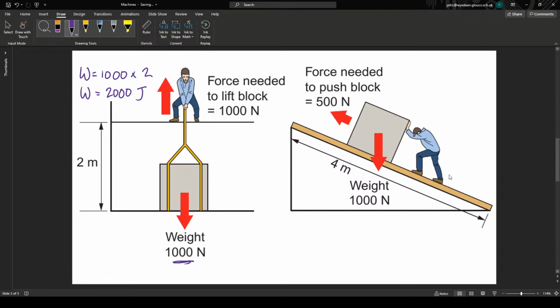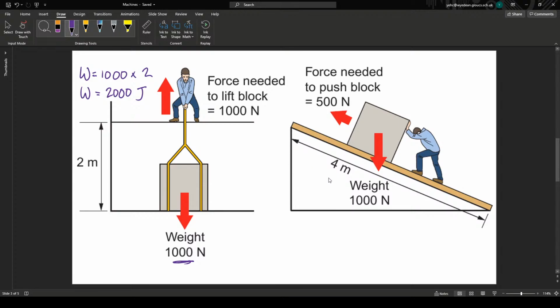Now let's go to picture number 2, where he has a simple machine, a ramp, in order to lift it. It's going to be lifted the same height, so overall the box is getting lifted an overall height of 2 meters.